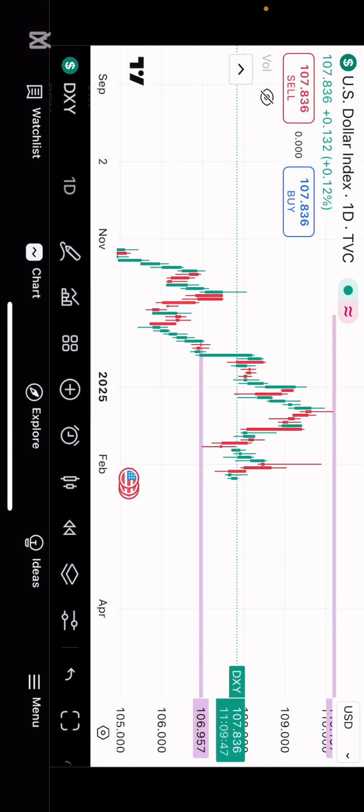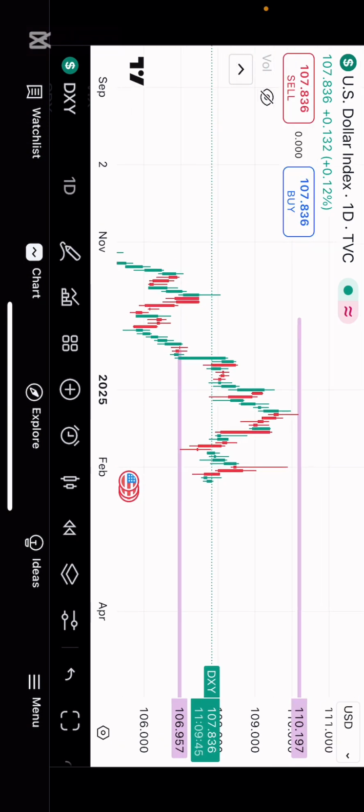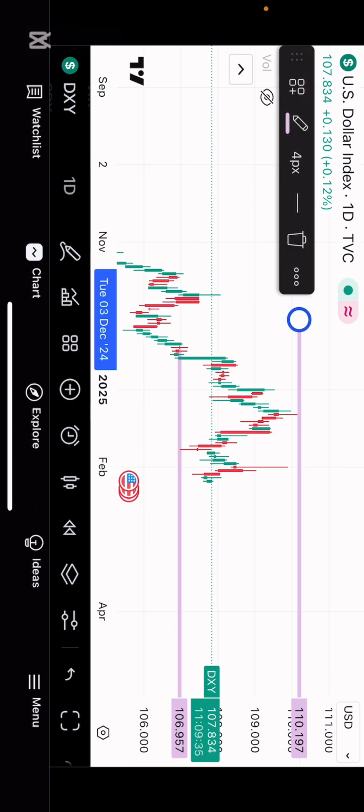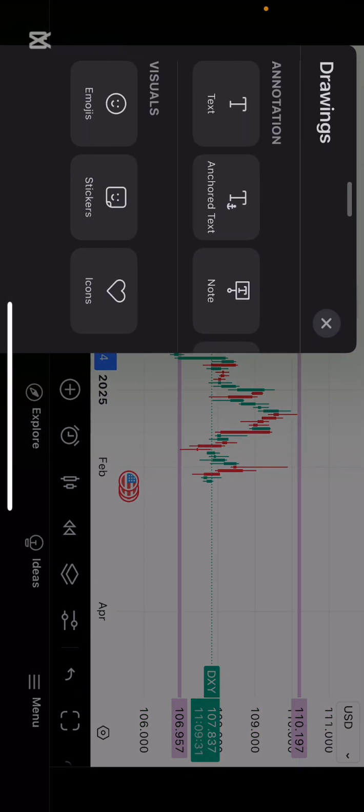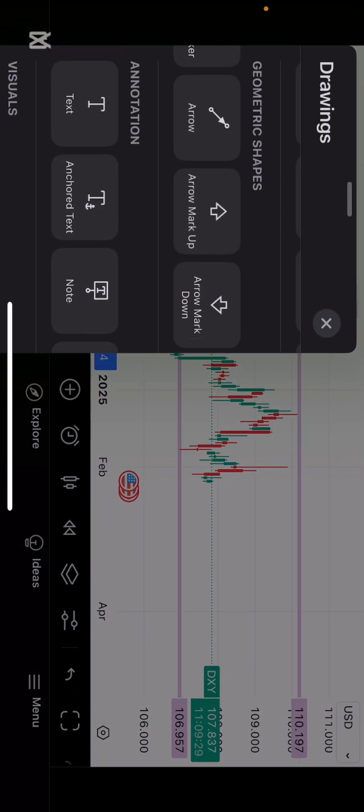When I trade fundamentals, I like to go off the basis of levels instead of zones. Levels are when you use these lines. Zones are when you use a box instead of a line.